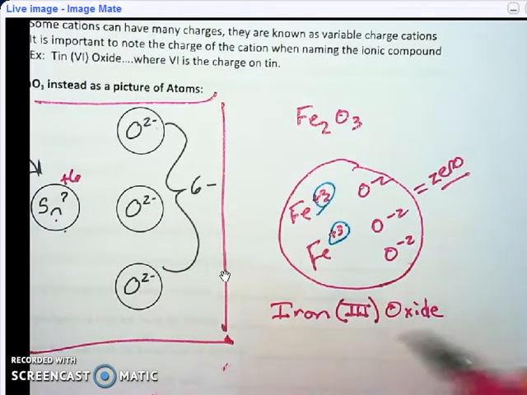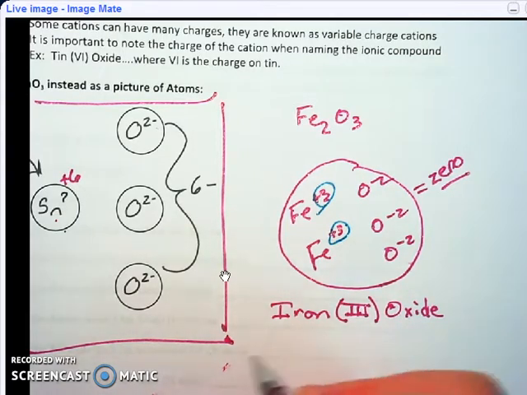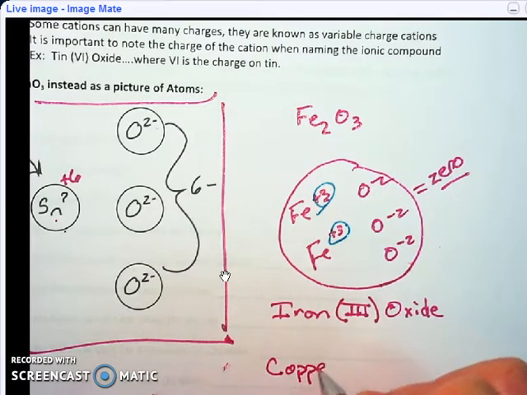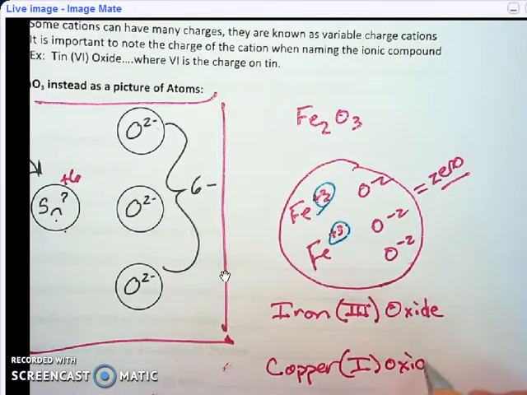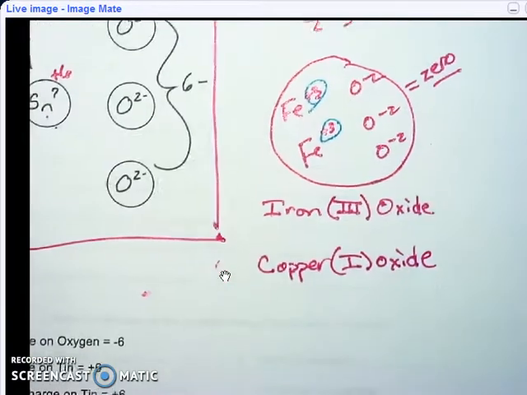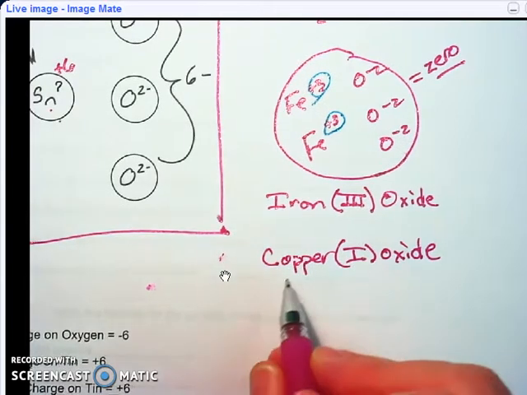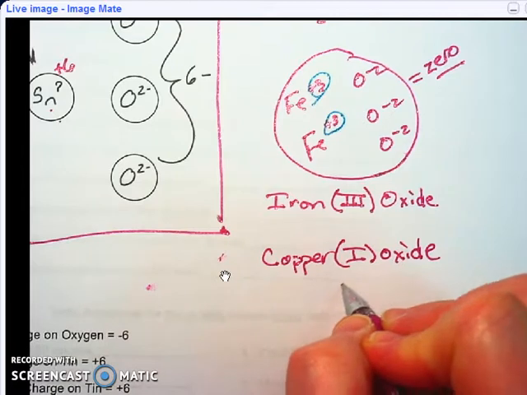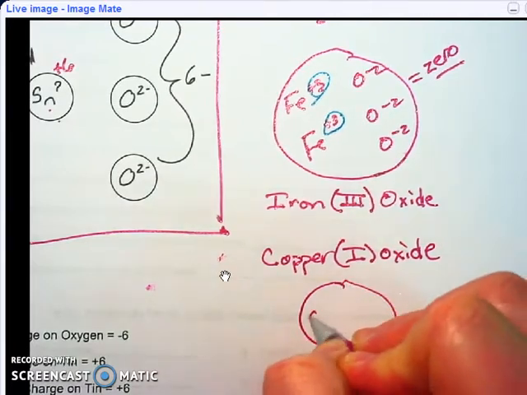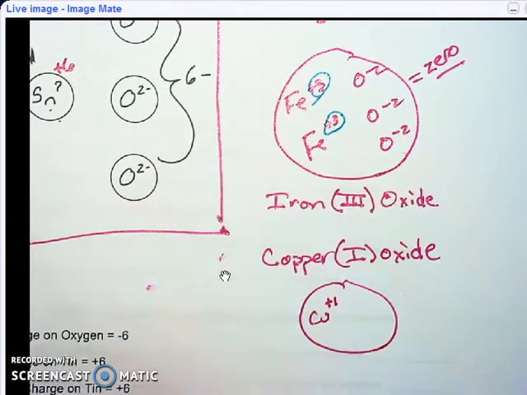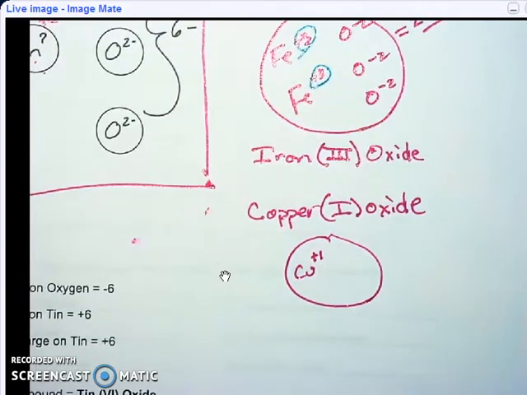So then let's do the reverse. Let's say they give me copper 1 oxide, and they ask me to find the formula. Well, this tells me now my copper has a +1 charge, or 1+ charge.